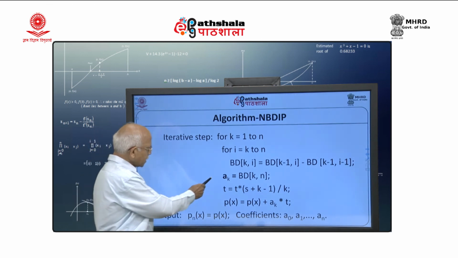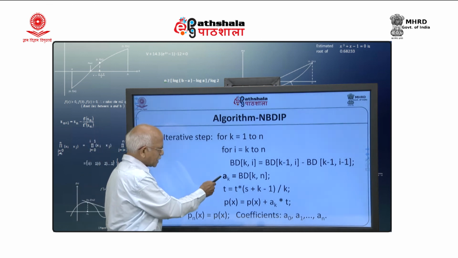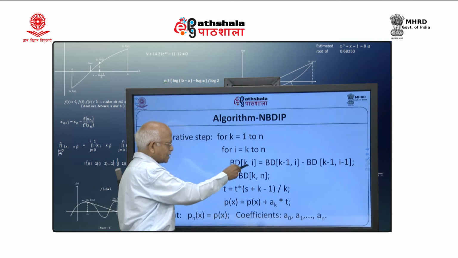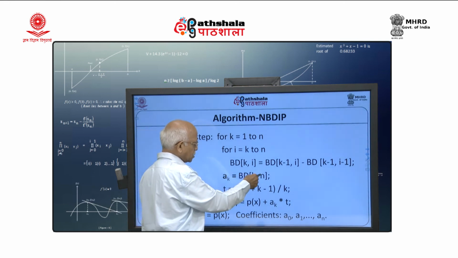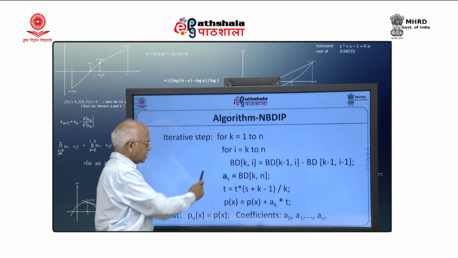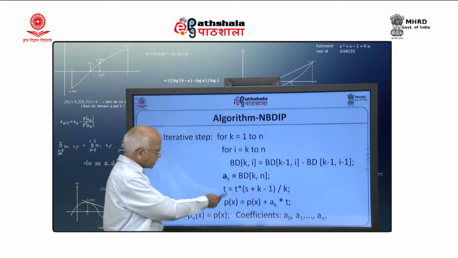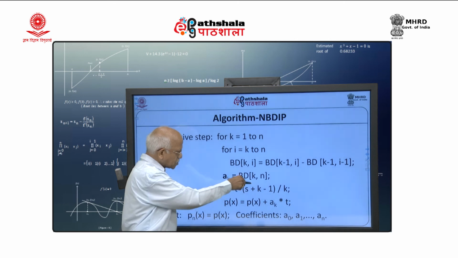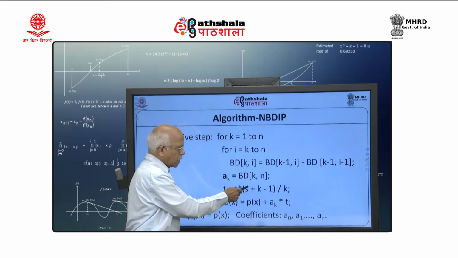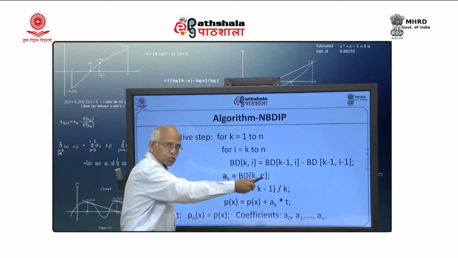And you can see here a k, I am going to write it as the backward difference at x k and at x n, a kth order backward difference at x n, that is my a k. And t again, now here I am going to take it as s plus k minus 1, because I want s into s plus 1, s plus 2 like that.